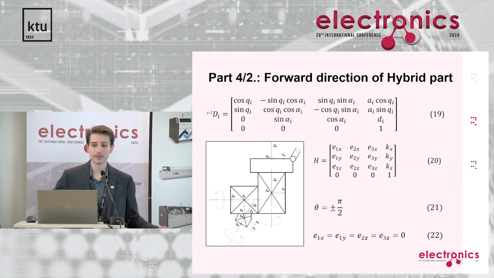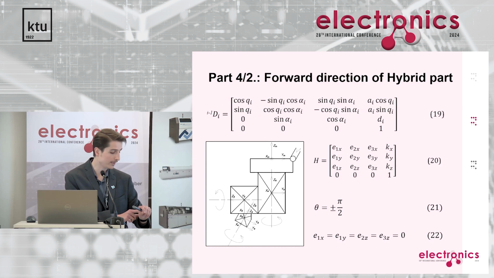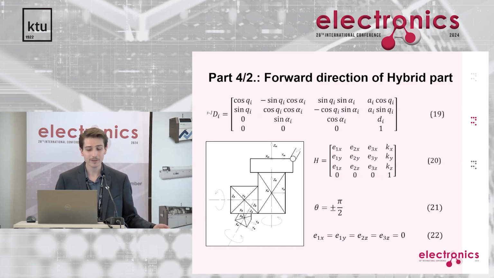Moving forward, we are still in forward direction, so we are converting the joint coordinates to world coordinates, but on the hybrid part, so the actual 3 joints at the end of the robot. In this case, it's a well-described calculation, so there is nothing new in these calculations.